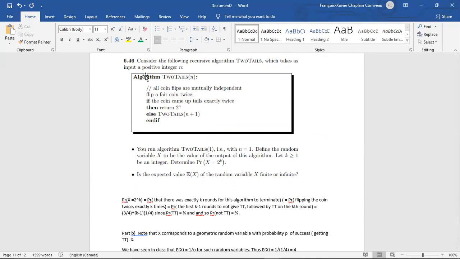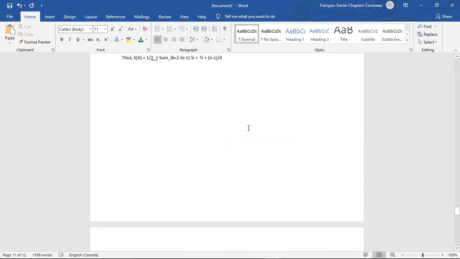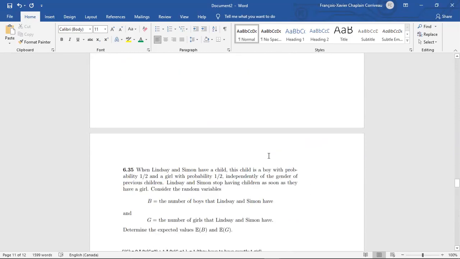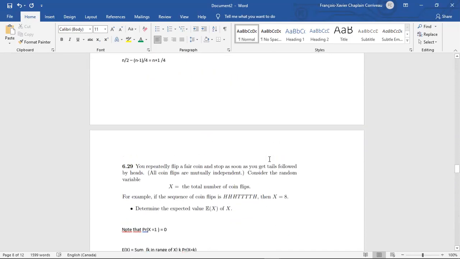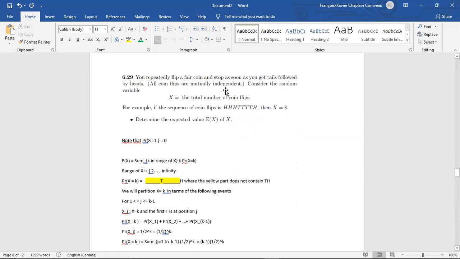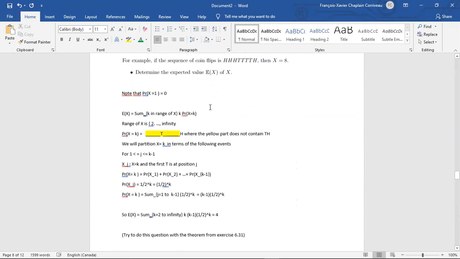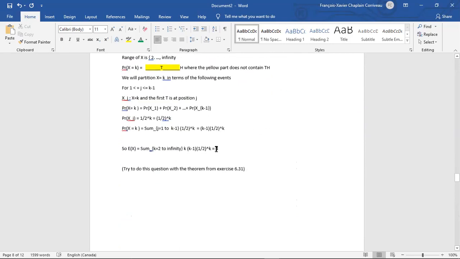So here we flip 2 coins at a time instead of 1, and we stop when we reach tails tails. Here we flipped 1 coin at a time, and we stopped the first time we got tails heads. But we got the exact same expected value.